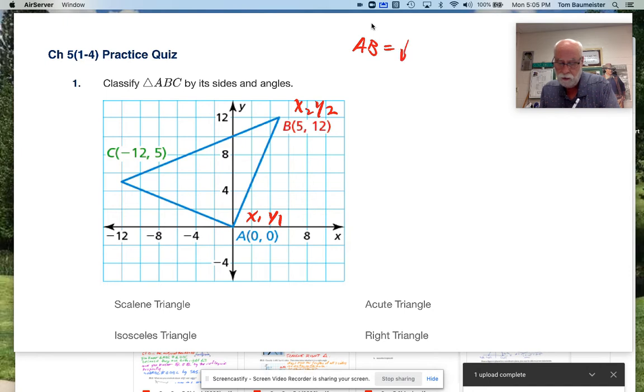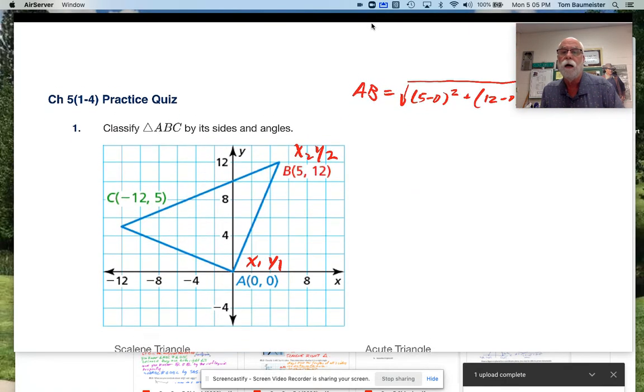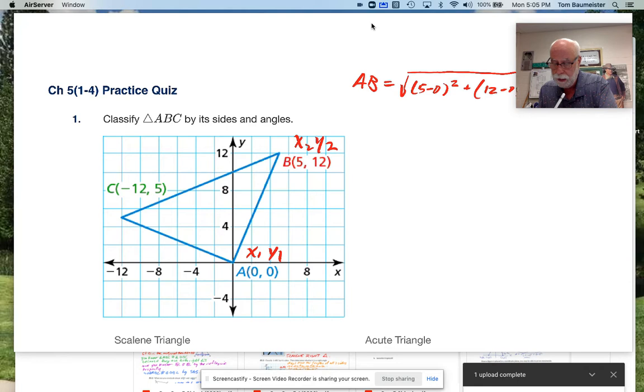So if I'm using the distance formula, that's going to be 5 minus 0 squared plus 12 minus 0 squared. All right? And when I work those out, you can just plug it in your calculator right now, ladies and gentlemen, and you should get 169.